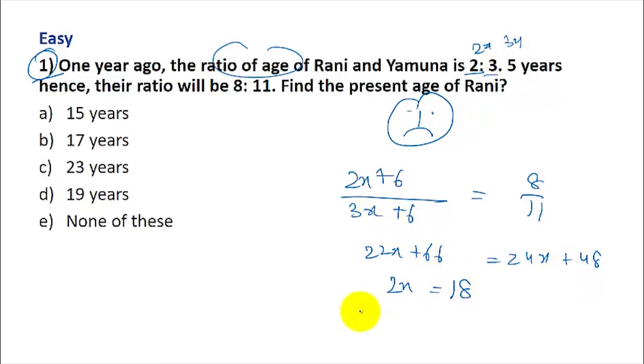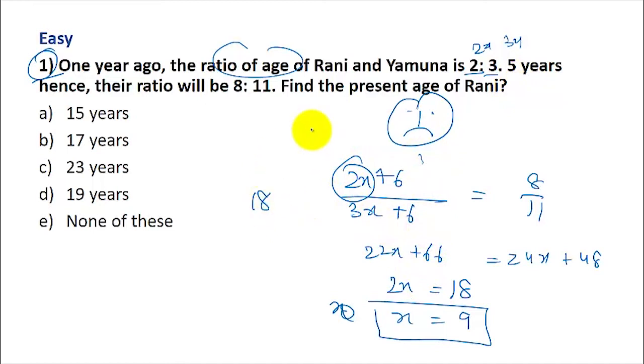So x is 9. The present age of Rani is 2x, that is 18, which is the age 1 year ago, so the present age would be minus 1, that is 17. So B would be your answer.